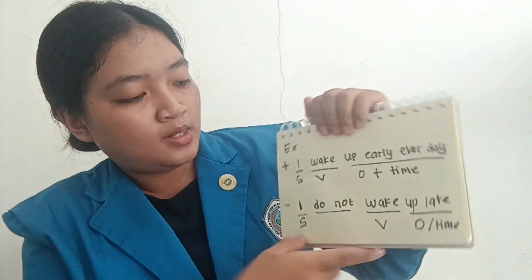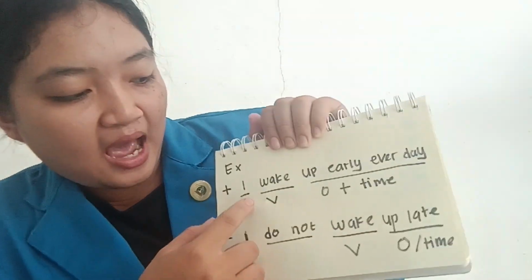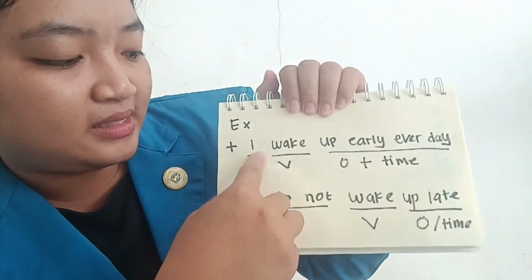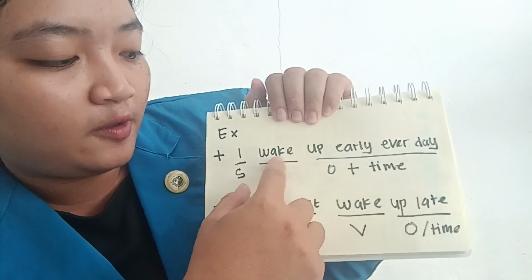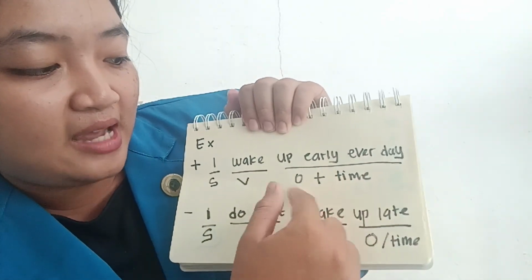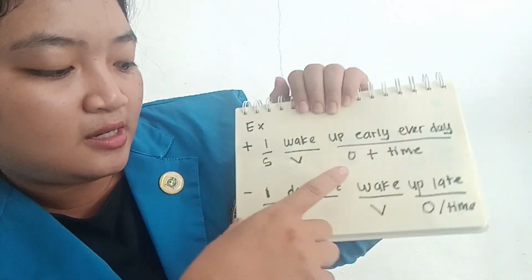For the example, in positive tense: I wake up early every day. The subject is I, the verb is wake, and the object and time is up early every day.